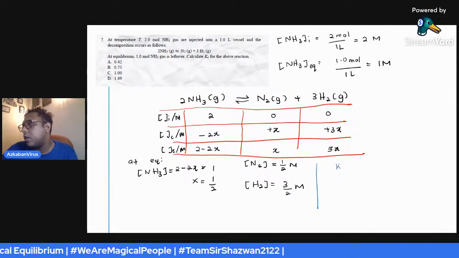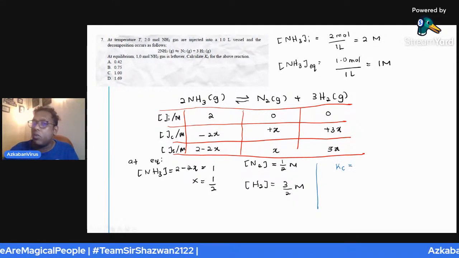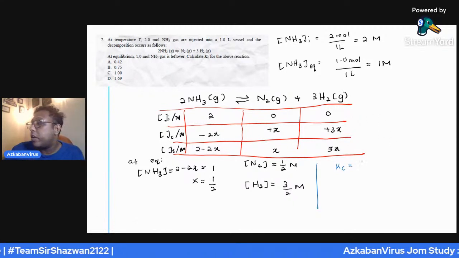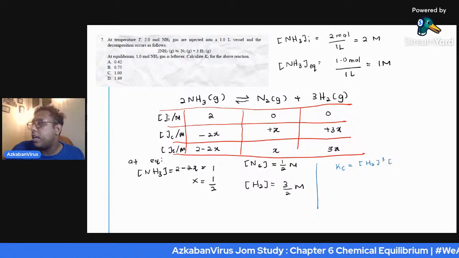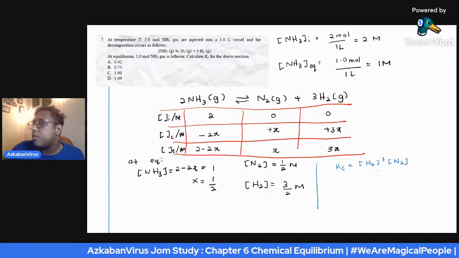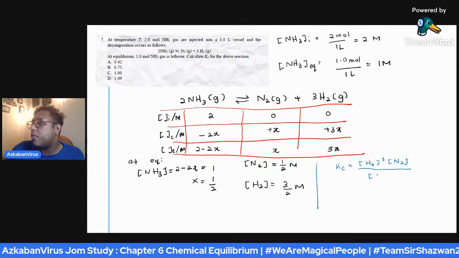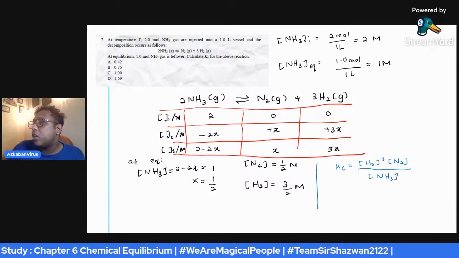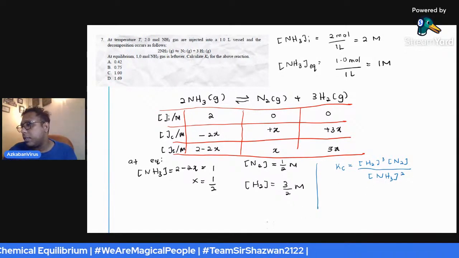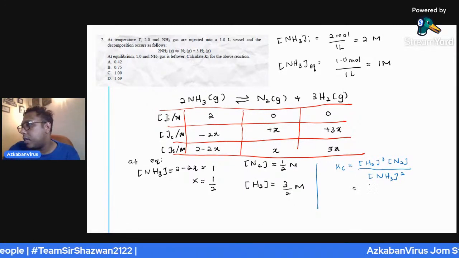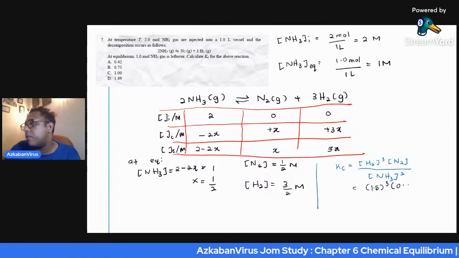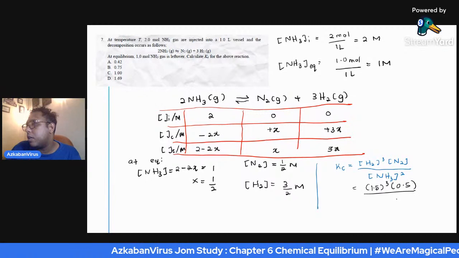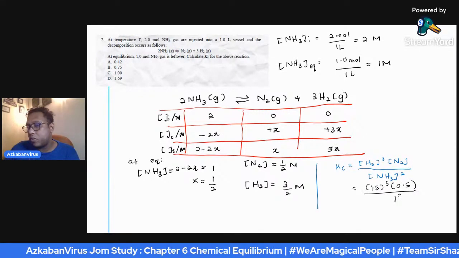So Kc is equal to concentration of H2 to the power of 3 darab concentration of N2 bahagi concentration of NH3 to the power of 2. Ini sama dengan H2 adalah 3/2, which is 1.5 cube darab 0.5 bahagi 1 square.